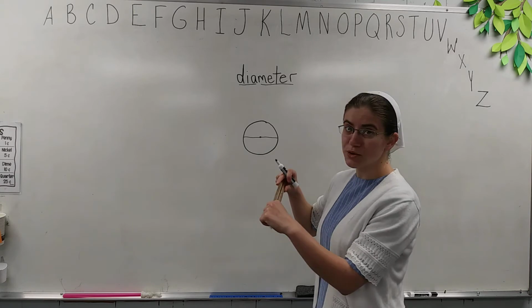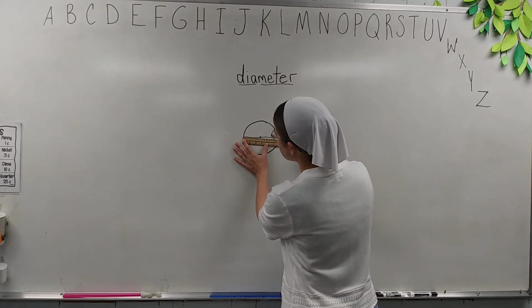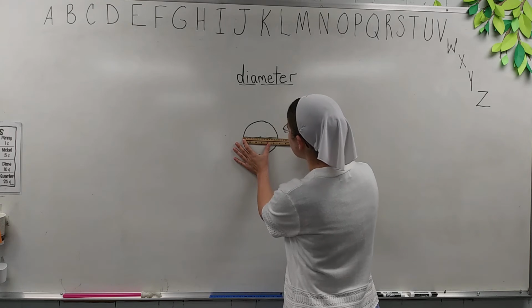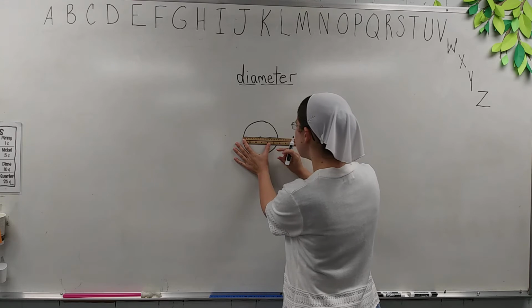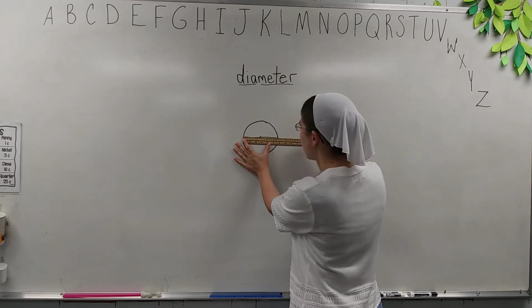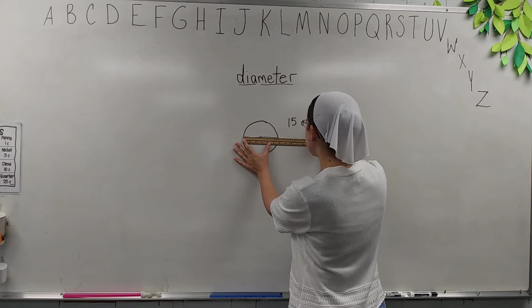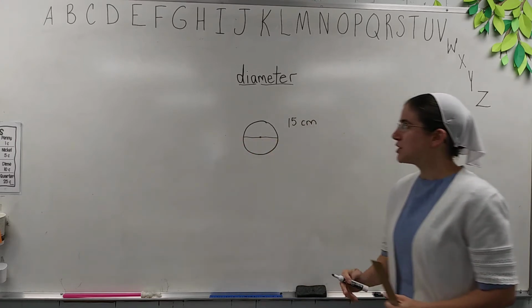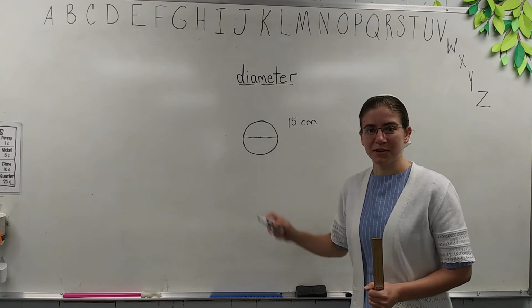So I'm going to measure with centimeters. So I'm going to line up the line there at the end. And this is just about 15 centimeters. I'm going to write cm for centimeters. So the diameter of my circle is about 15 centimeters.